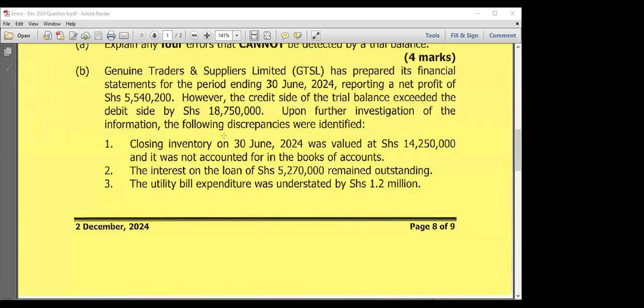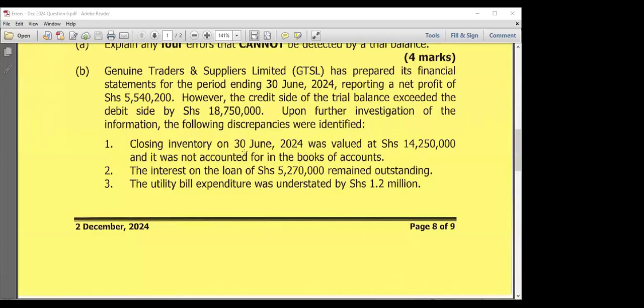So number one, closing inventory on 30th June 2024 was valued at 14,250,000, and it was not accounted for in the books of accounts. This is an error that does not affect the trial balance. It is going to affect two accounts, the closing inventory account.